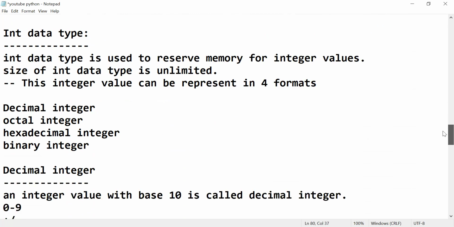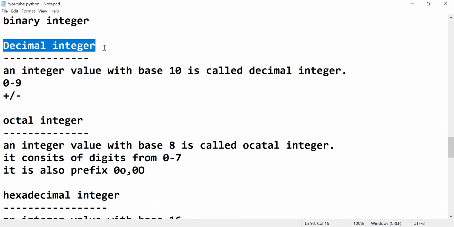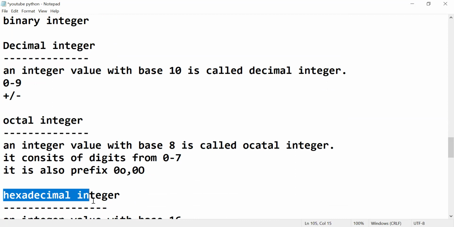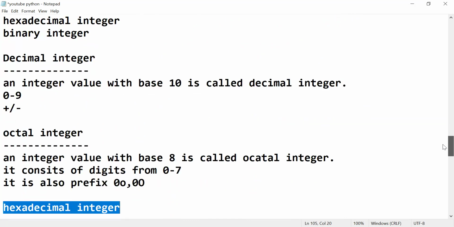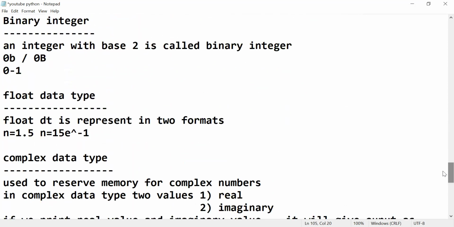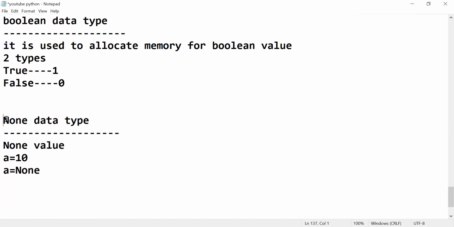In int data type, we have four more types: decimal integer, octal integer, hexadecimal integer, and binary integer. We discussed all these things and we moved into float, complex, Boolean and none data types, guys. These are the fundamental data types we have in Python.